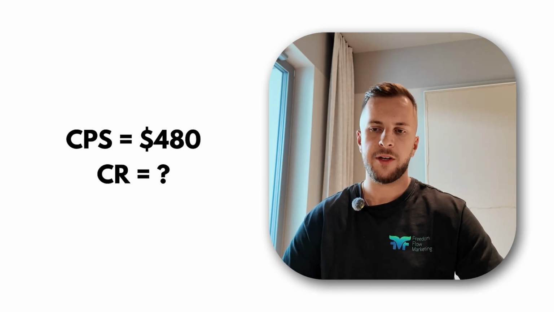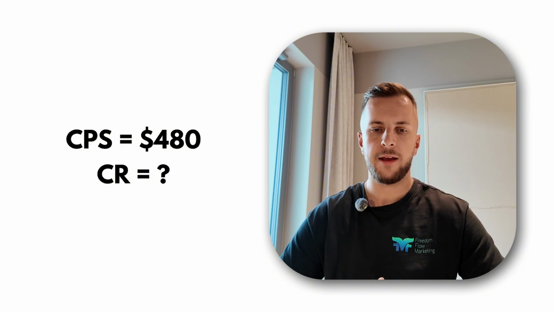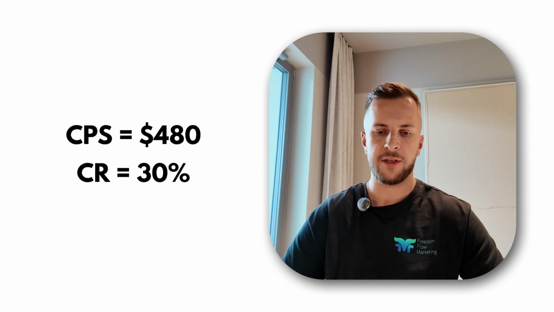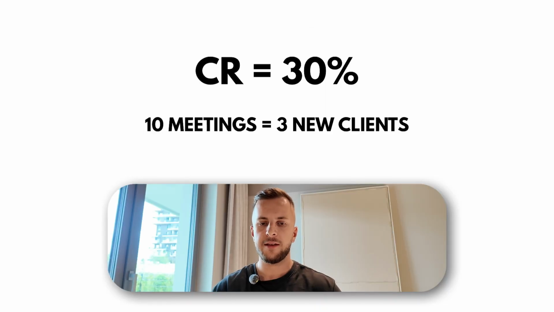And then the question is, what's our close rate? And let's say our close rate from every meeting that is going to happen is 30%. We are able to convince 30% of all clients to work with us, okay? So if we have 10 meetings, then we have 3 new clients.